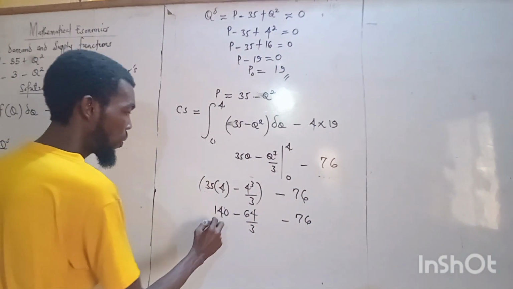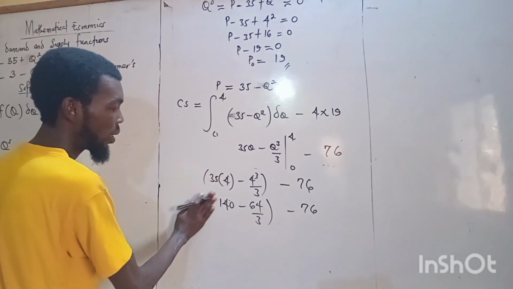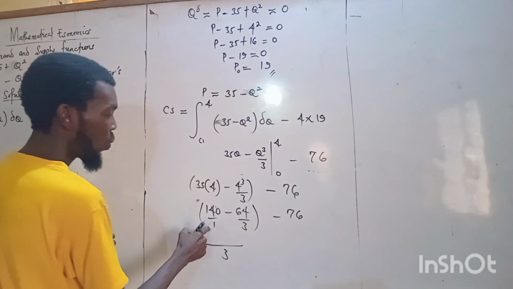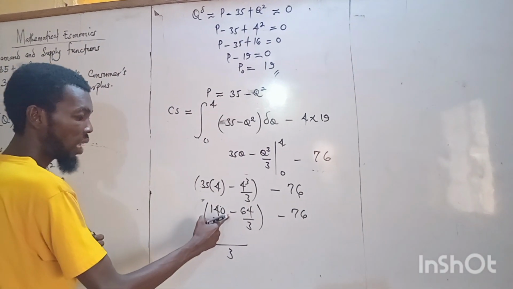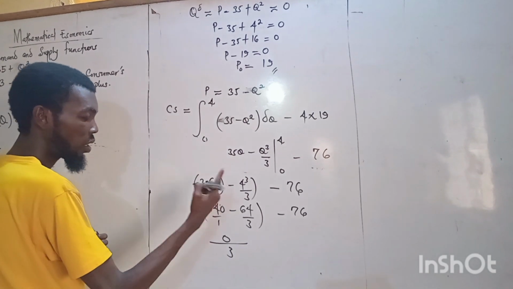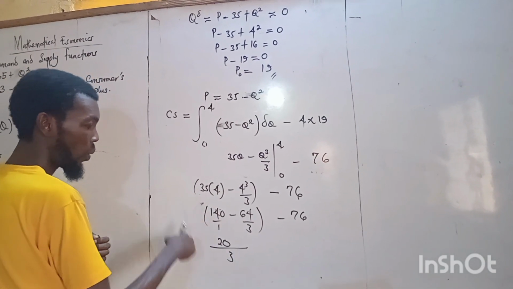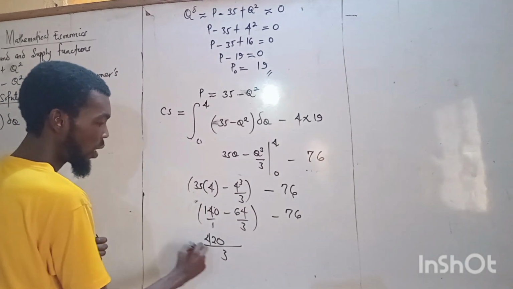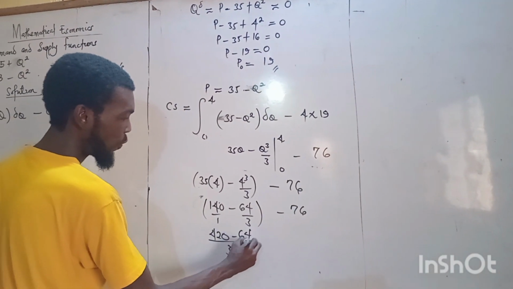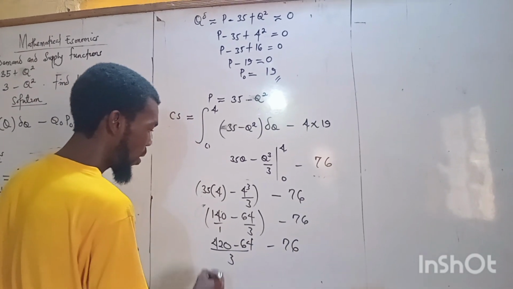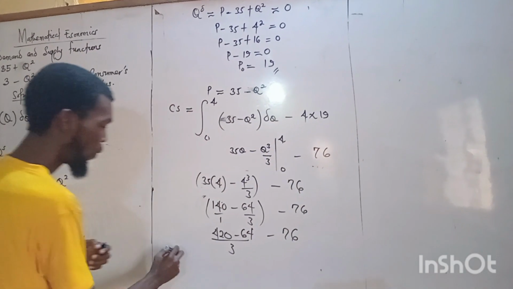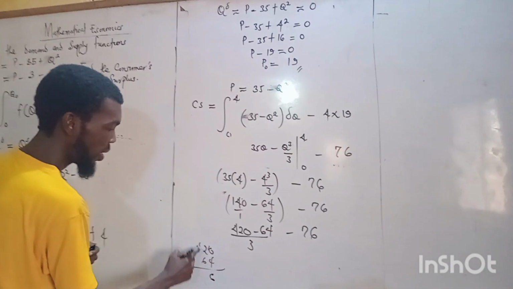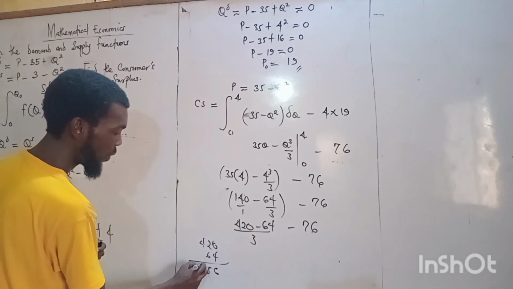Now let's work on this side. Let's find the LCM, which is 3. 3 in 3 is 1. 1 times 420 is 420, minus 64, which gives 356.